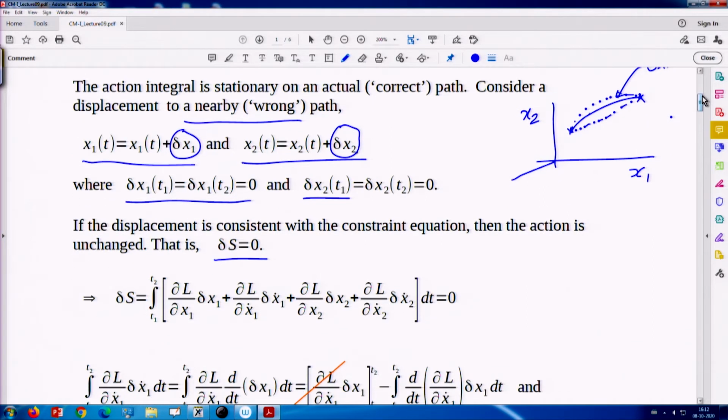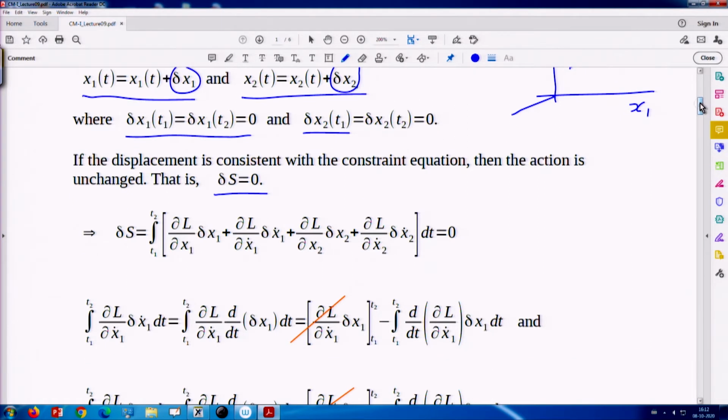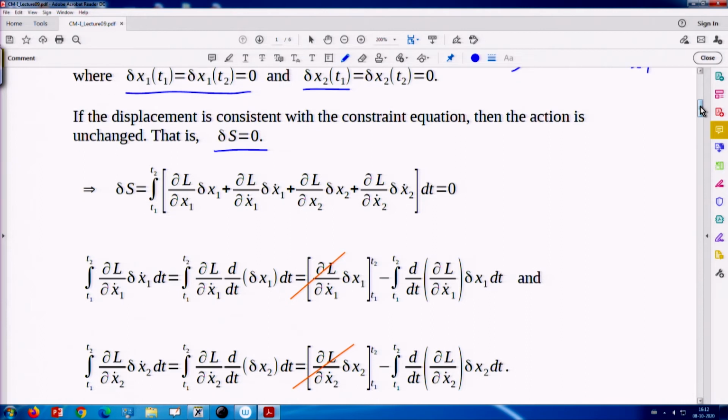However, if all delta x 1 and delta x 2 at the 2 endpoints are consistent with the constraint equation, then the action has a stationary value along the actual path. As you go nearby, the variation of the action would be 0. That is what we did in calculus of variations as well as while doing Hamilton's principle.